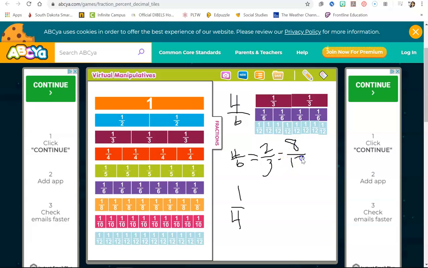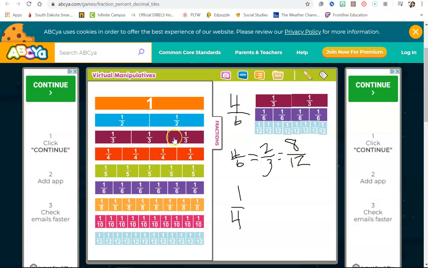So again, look at all of these numbers, 2, 8, 4, 6, 3, and 12. So they're related in fact families. 2 times 2 is 4, and then 4 times 2 equals 8. 3 times 2 is 6, and then 6 times 2 equals 12. So these numbers are all related.